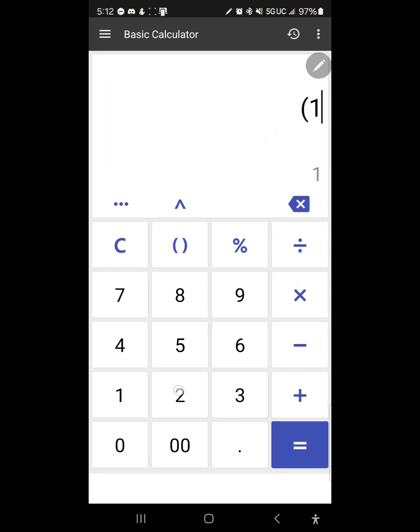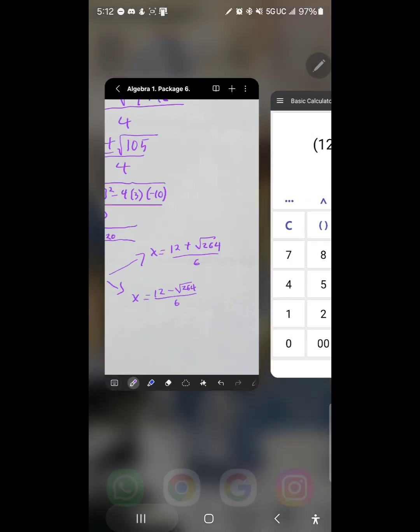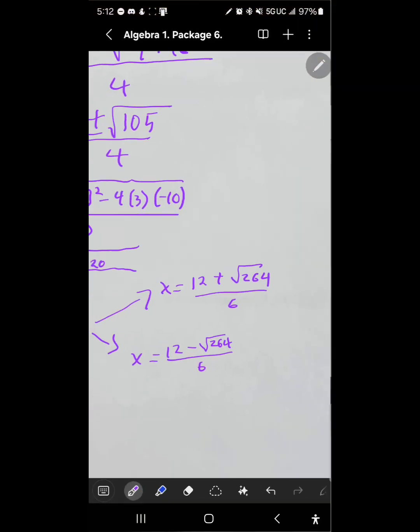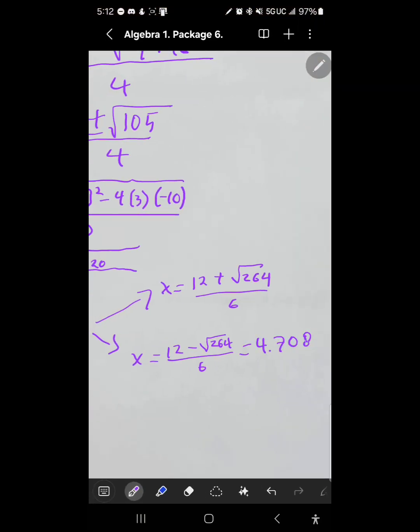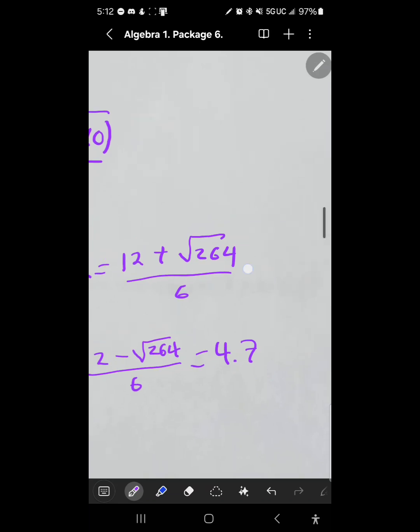So it will be 12 plus square root 264, all this over 6. And they say round to the nearest tenth. So we have 4.708, and the nearest tenth is the same one, so we have a 0 and we keep 4.7. Oops, this is the top one, sorry, this is the plus one.